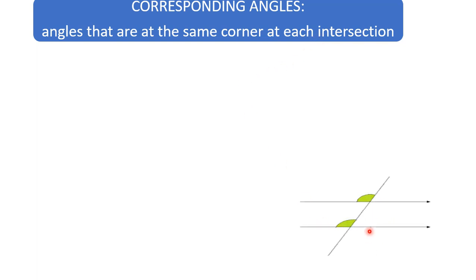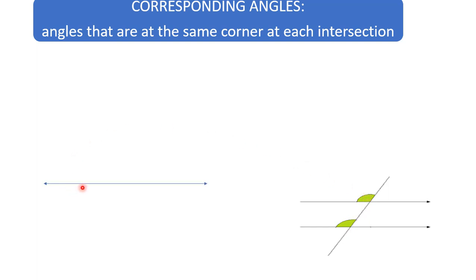In this figure we can observe these are the two lines and a transversal intersects them. So this green colored part is known as the corresponding angles. That means these corners are known as the corresponding angles.